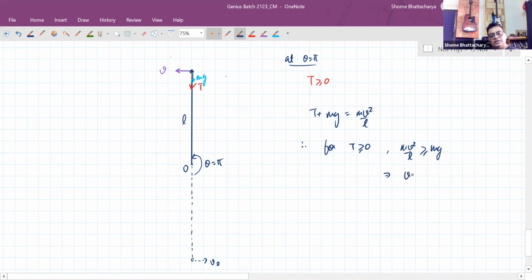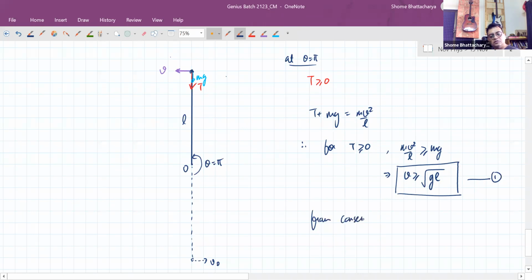So the velocity at such a point should have a magnitude greater than equal to root GL. Now compare that with the lowest point. Therefore, this is the condition on V.